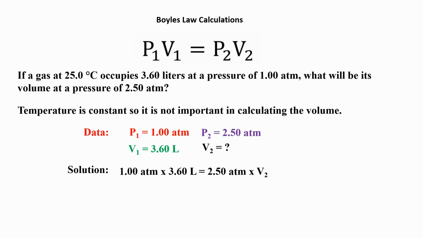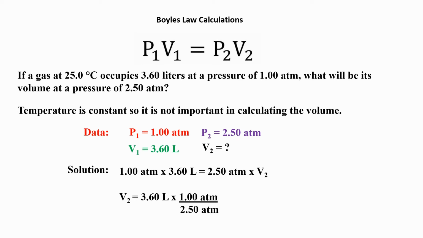From the solution we write the following. 1 atm times 3.60 liters, where 1 atm is P1 and V1 is 3.60 liters, is equal to 2.50 atm, which represents P2, multiplied times V2.